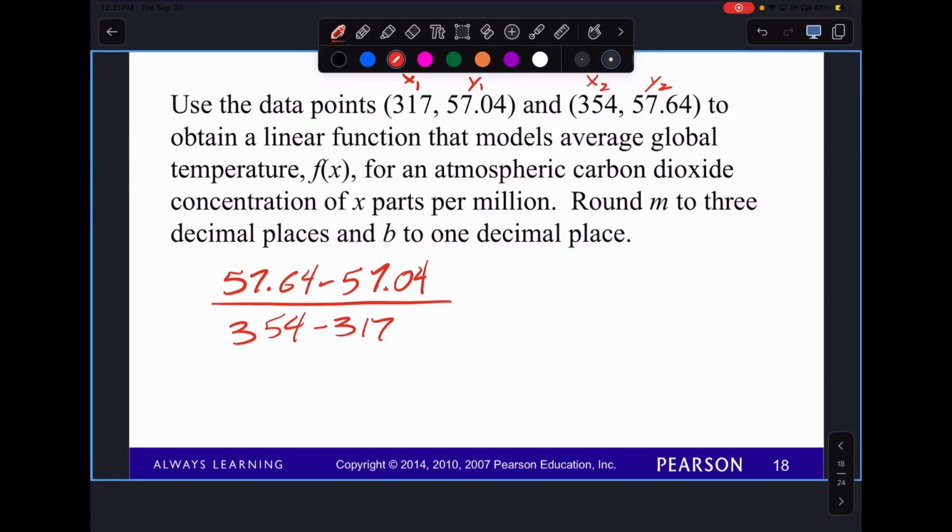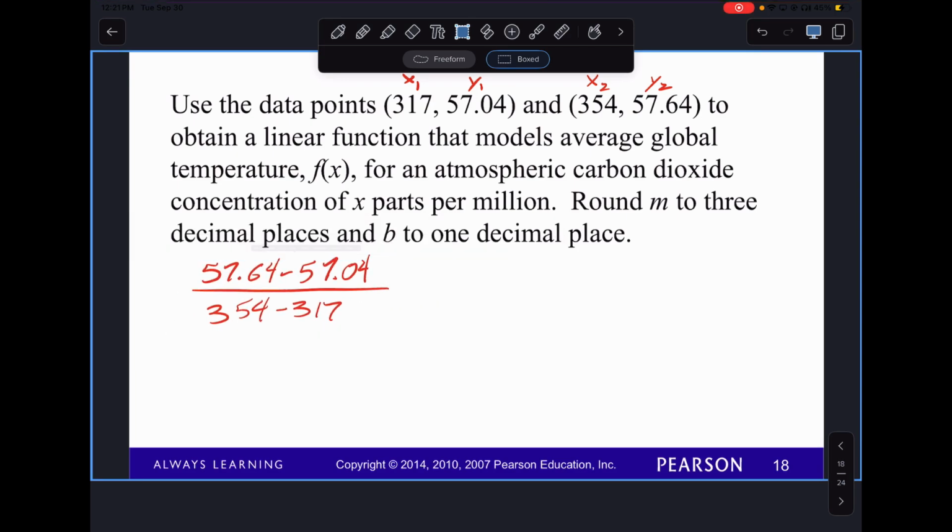What are we finding right now? We do this to find the slope. So on the top, we're going to get 0.6. On the bottom, 354 minus 317 is 37.